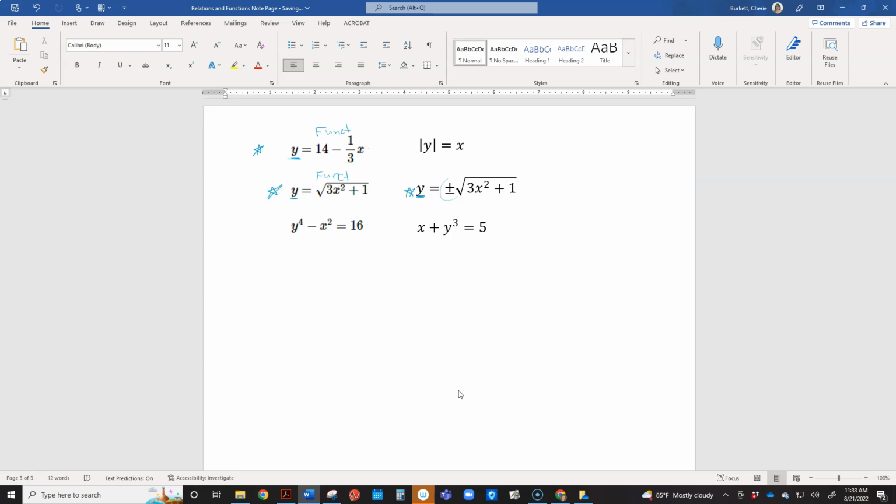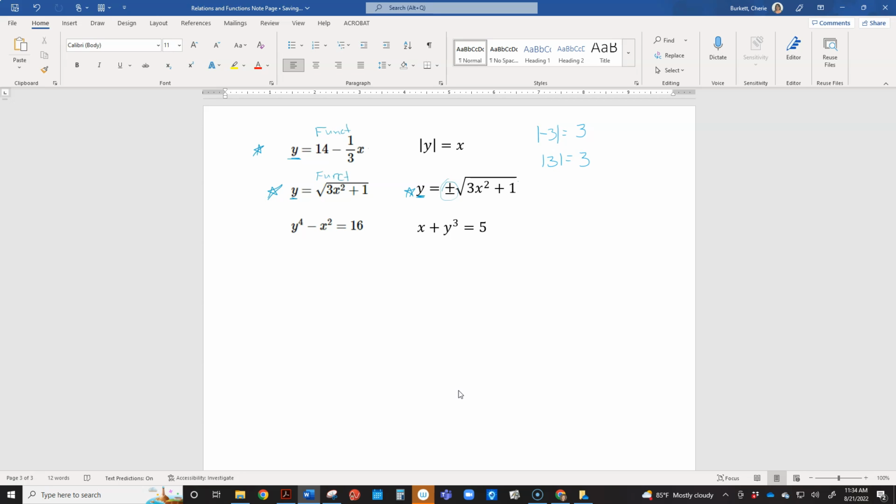So this plus or minus sign is what you have to look at. Now this one, some people might say is solved for y, but it has those absolute value bars in front of it. So do you understand what absolute value bars mean? That means if I plug in a -3, and I take the absolute value of that, I get 3. If I plug in a +3 and I take the absolute value of that, I still get 3.